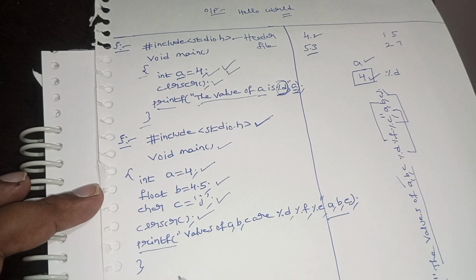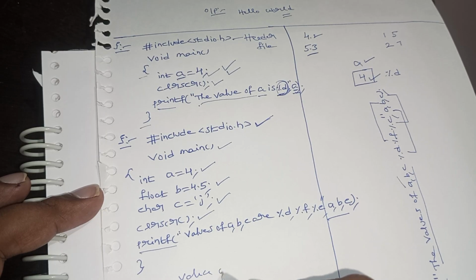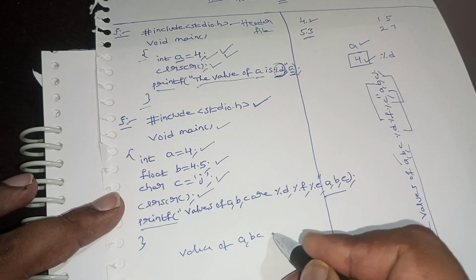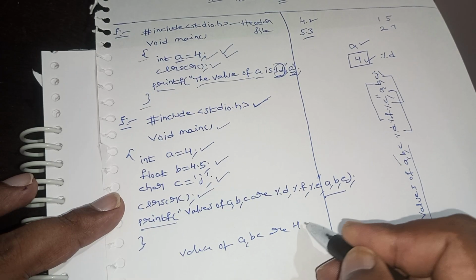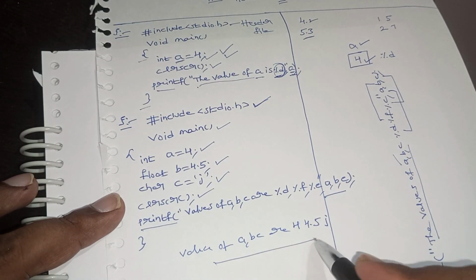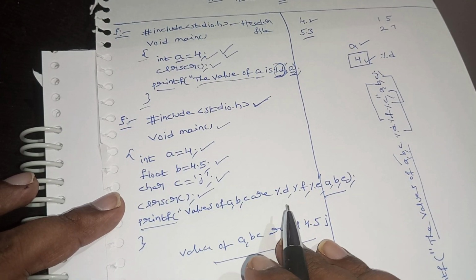So values of a, b, c are 4, 4.5 and then j. So this will be the output. This is how to print multiple values onto the screen.